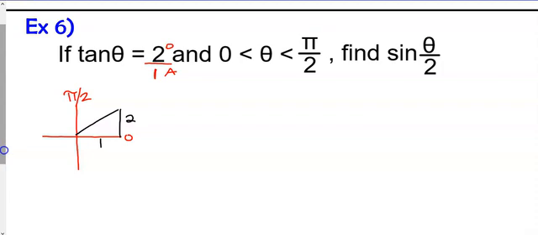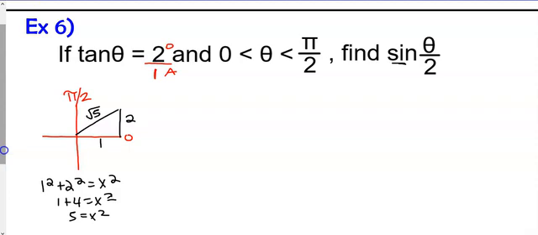And since we're finding sine, we are definitely going to want to find the hypotenuse. So 1 squared plus 2 squared equals, we'll call it x squared, so we end up with the square root of 5.